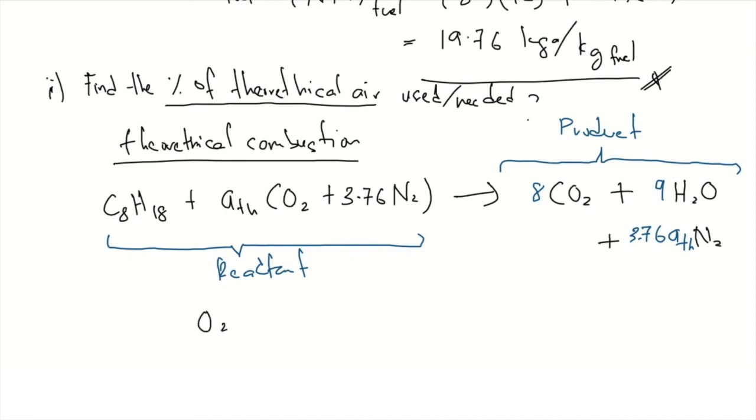So for O2, ATH is equal to 8 multiplied with ATH, this one is O2, so meaning 8, plus this one is O, so meaning 9, so we need to divide it by 2. 9 divided by 2. From there, therefore ATH is equal to 12.5.